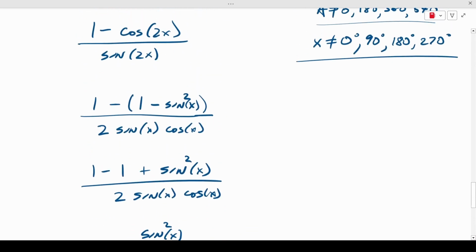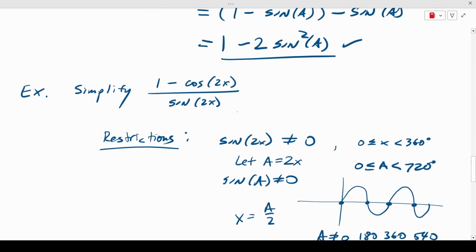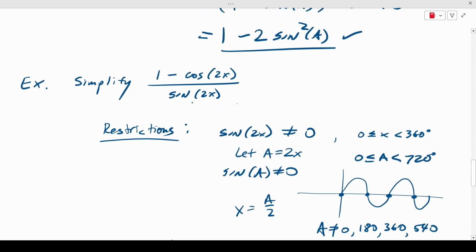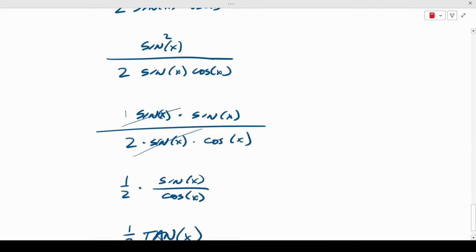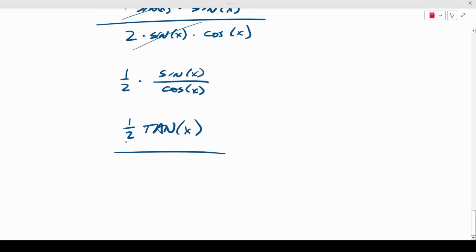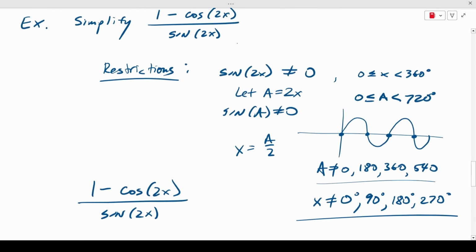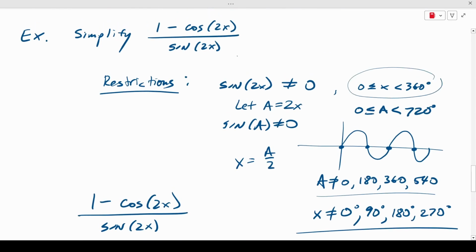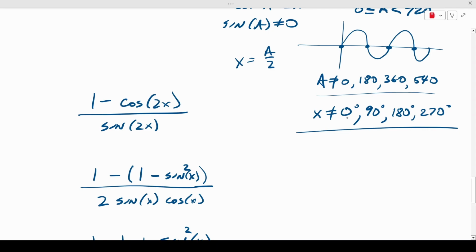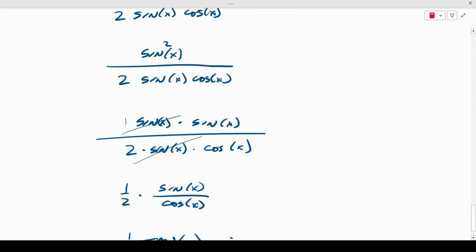So we have that 1 minus cos 2x over sine 2x is in fact the same thing as 1/2 times tangent of x. That's pretty nice. And of course we have our restrictions. If x is going to be around one circle, we get that x can't be 0, 90, 180, or 270.